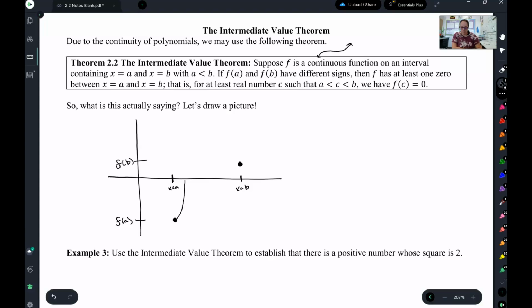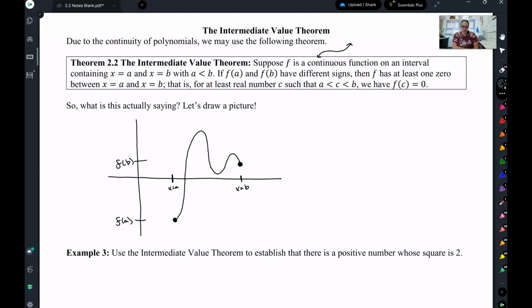So maybe it looks like that. Who knows? But it is still one continuous line from this point to this point. Notice I didn't lift up my pencil once from point to point.